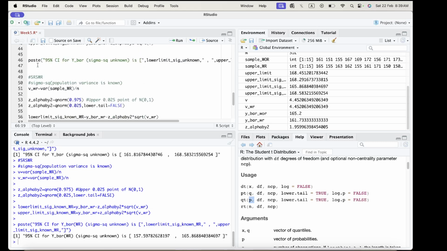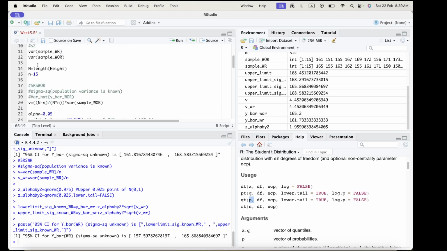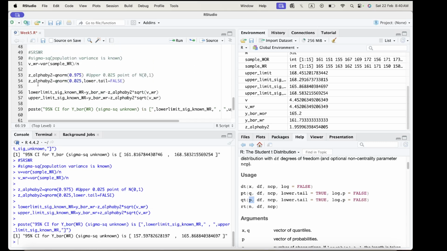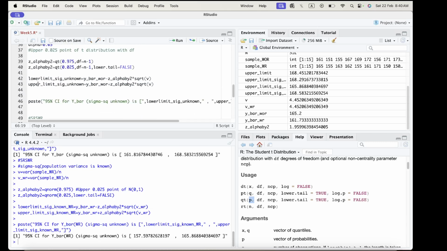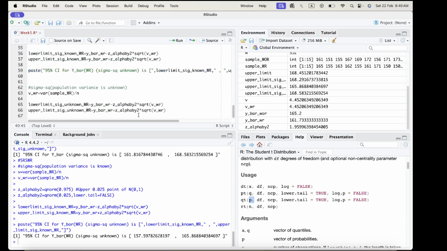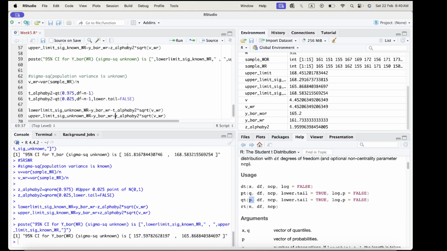The only thing that changes is that from a normal distribution it becomes a t distribution. So instead of Z alpha by 2, I think it would be better if I write T alpha by 2. So this would be T alpha by 2 and this also would be T alpha by 2.